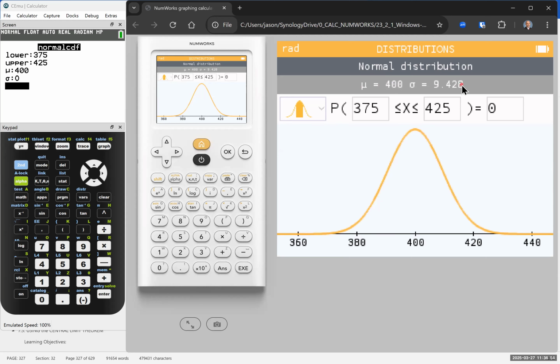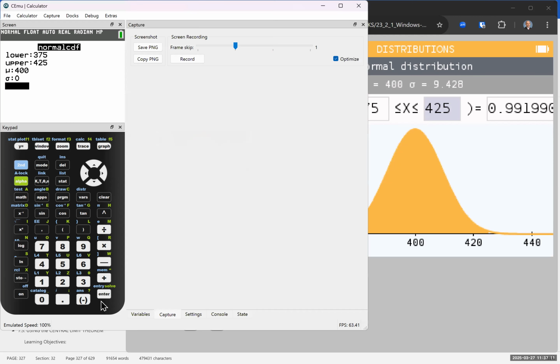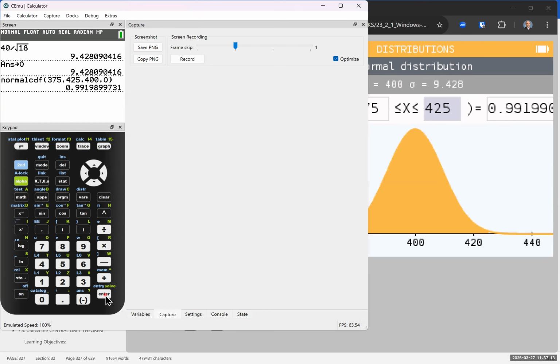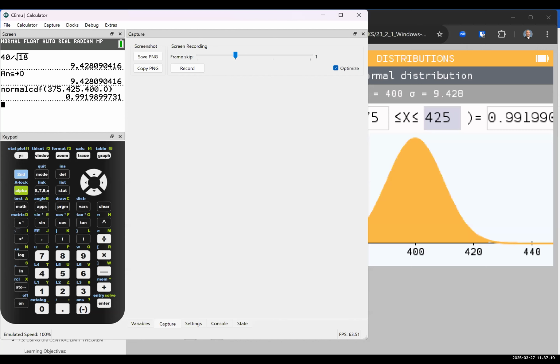It's rounding it to display it, but it's using the fully accurate decimal equivalent. Now I can hit execute and I get 0.9919. And if I do the same on the Texas Instruments, 0.9919.